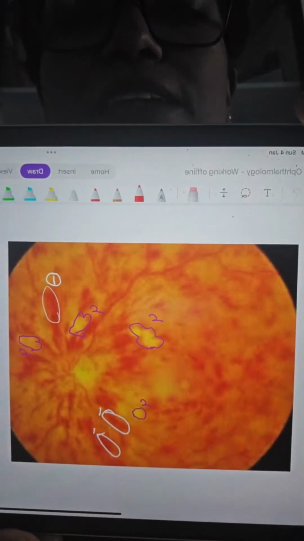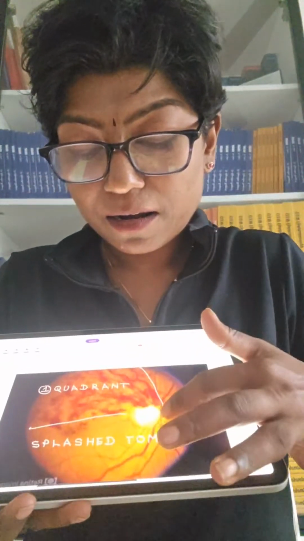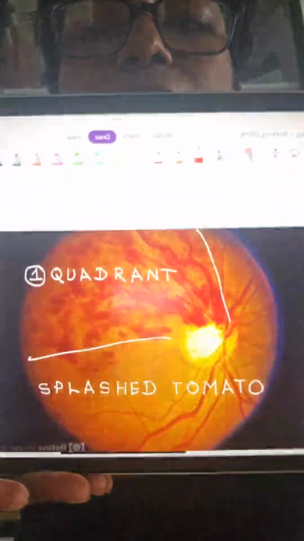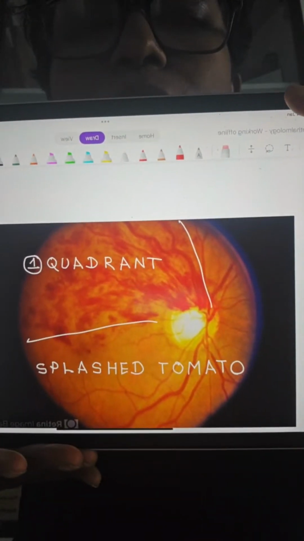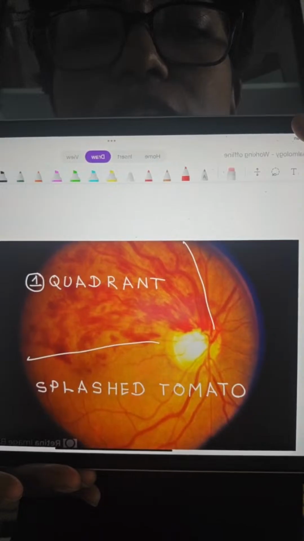Exam is coming, fundus is the first exam. The same tomato splash in one quadrant is your branch retinal vein occlusion. So for all three, whether it is venous occlusion or arterial occlusion, the most common cause is hypertension.